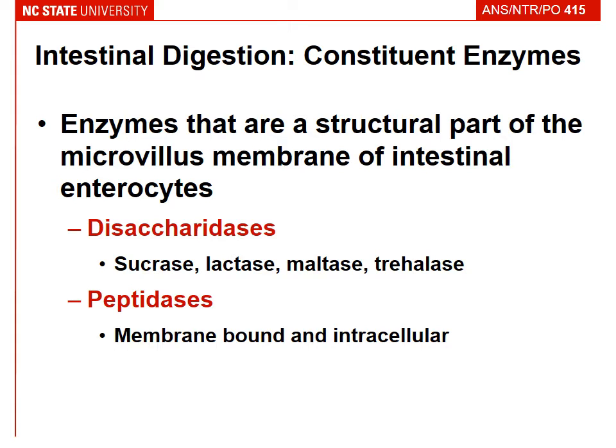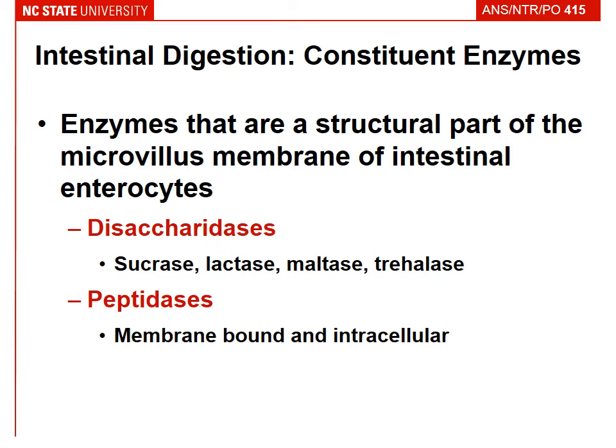And then we have peptidases, so our trypsin and chymotrypsin are going to be resulting in di and tripeptides. So we have these peptidases that are bound to the membrane of the epithelial cells, and these peptidases are going to be breaking down those di and tripeptides into single amino acids.